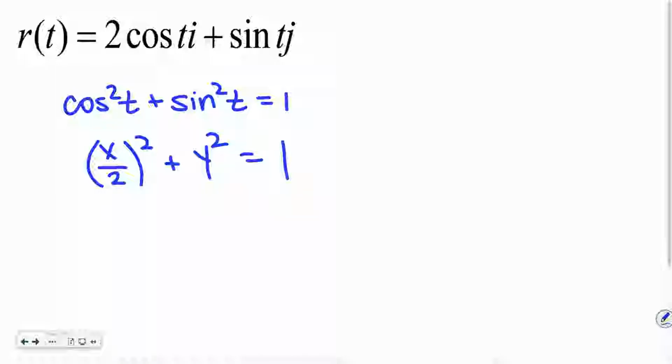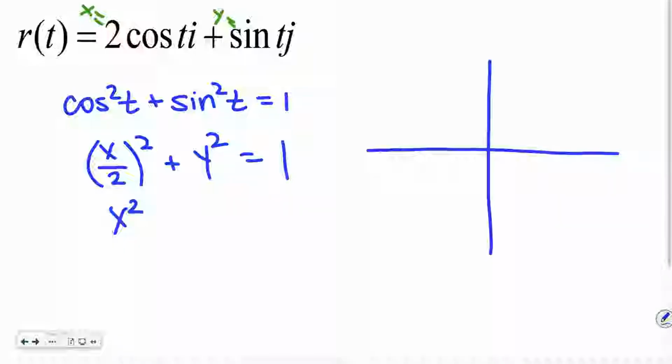That's a great question. Because i is the x component and j is the y component. This is the x component, if we're thinking parametrically. So x over 2 is the same as cosine. This would be our vertical component, so we can think of that as y. If we want to graph this without having to follow our vectors as they draw it around, we can at least know that this is an ellipse with its center at 0, 0.